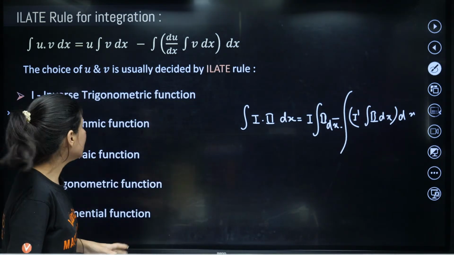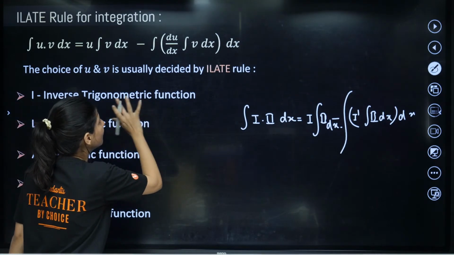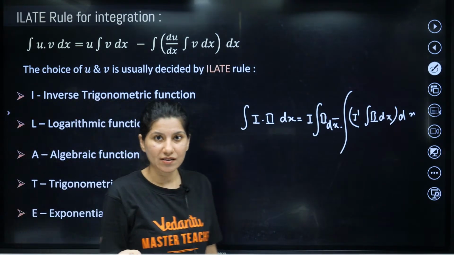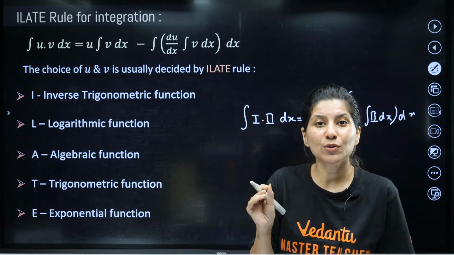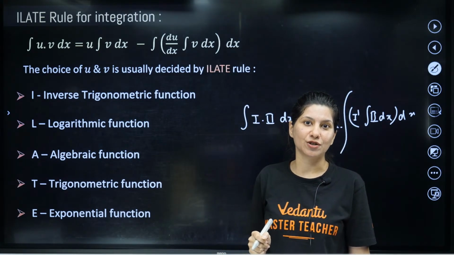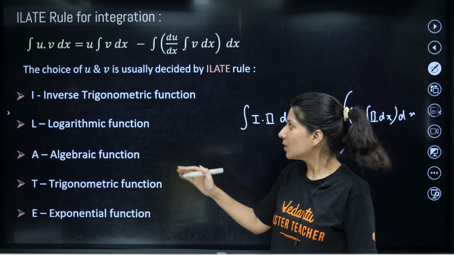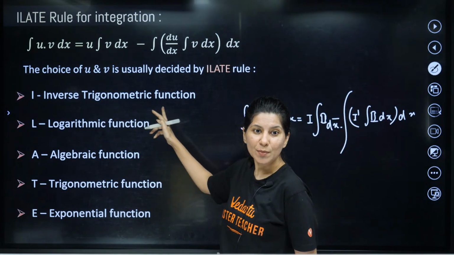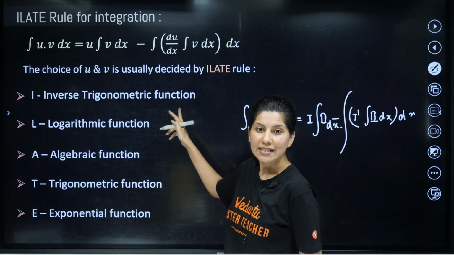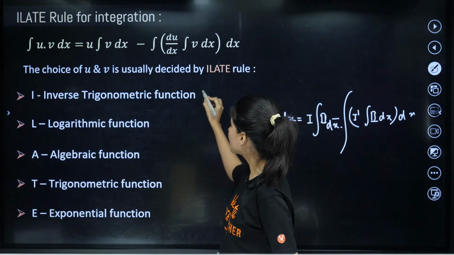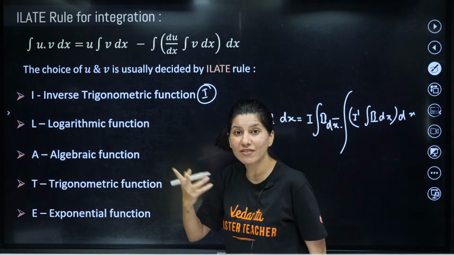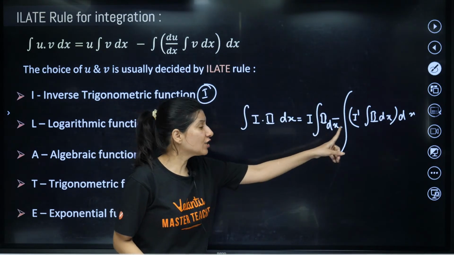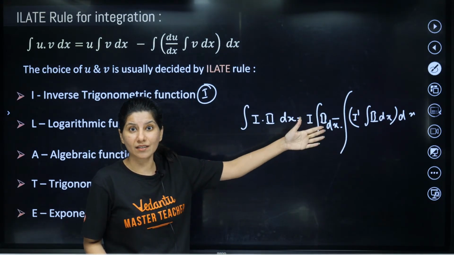Right? So clearly, inverse trigonometric function, suppose sine inverse x, that will be your first function. Right? So the priority order is like this. So inverse trigonometric function will be your first function. Because why? Because first function you are not integrating.